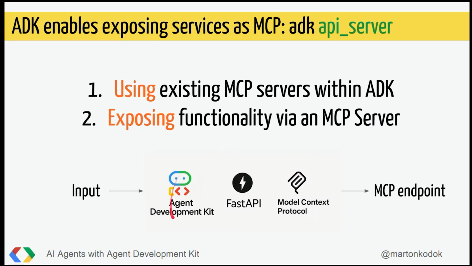So we have ADK. We know that it can start a server, which is a FastAPI server, which also exposes itself as an MCP endpoint. I did not tell you this already, but ADK exposes an MCP endpoint.